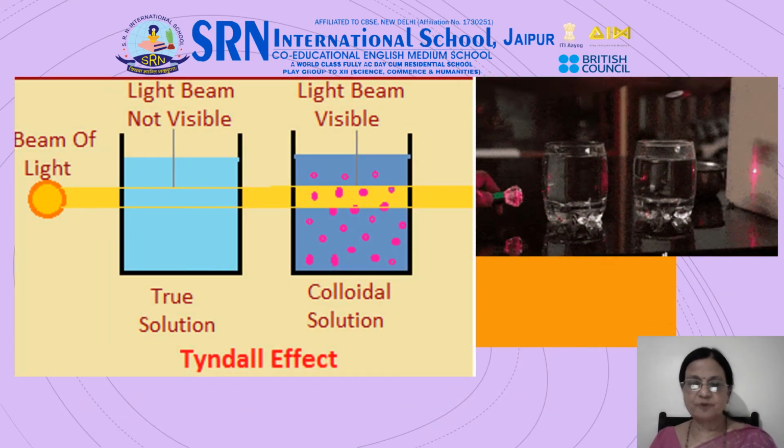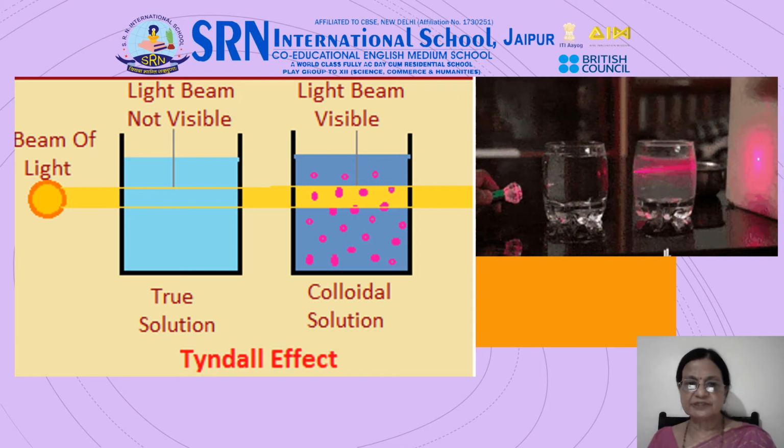Another important property of colloidal solution is the Tyndall effect. When a beam of light is passed through a true solution and a colloidal solution, the beam of light is not visible in the true solution. But this beam of light is visible in the colloidal solution since the path of the beam is illuminated.